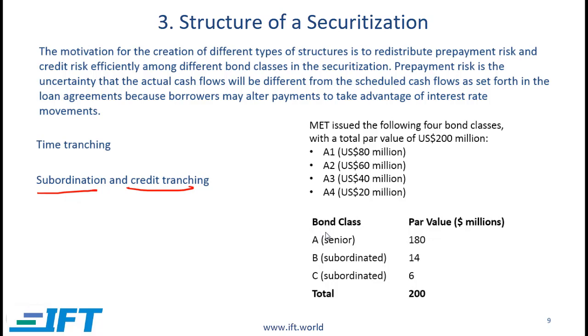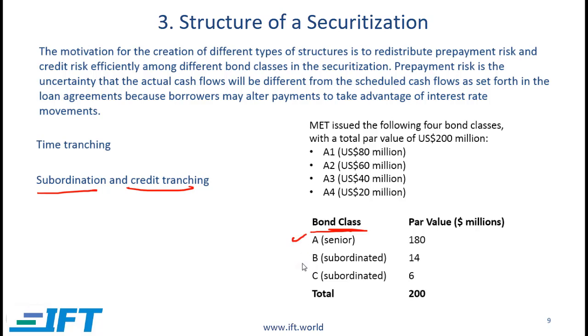The question here is that if some customers default, then who faces the most risk? And what we do here is that again we might have multiple bond classes, and this structure is called subordination.